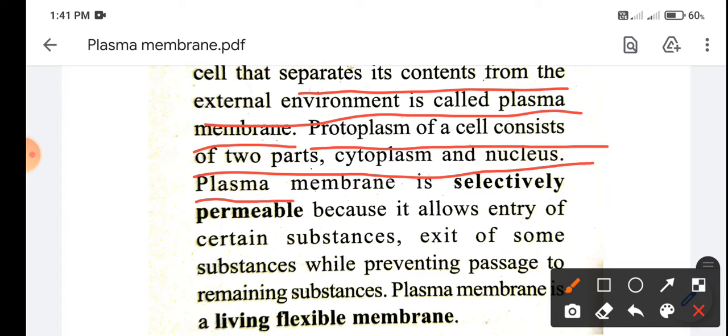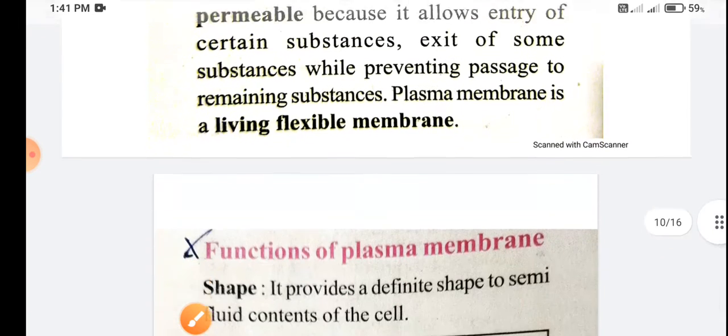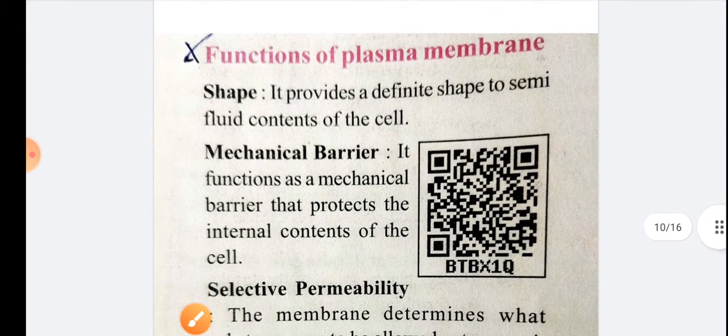Plasma membrane is selectively permeable because it allows entry of certain substances and exit of some substances while preventing passage of the remaining substances. Plasma membrane is a living flexible membrane.